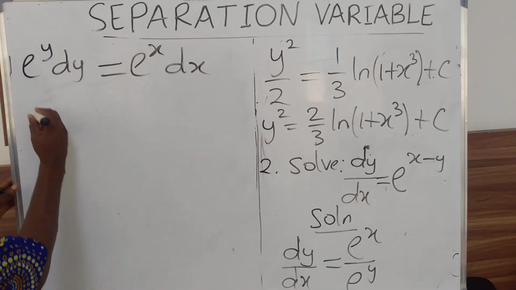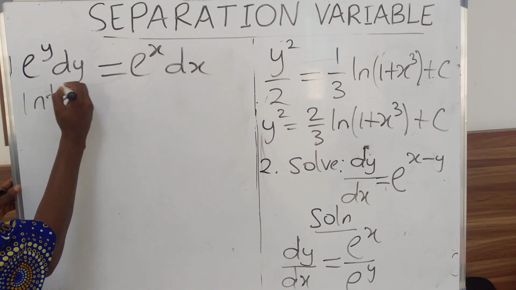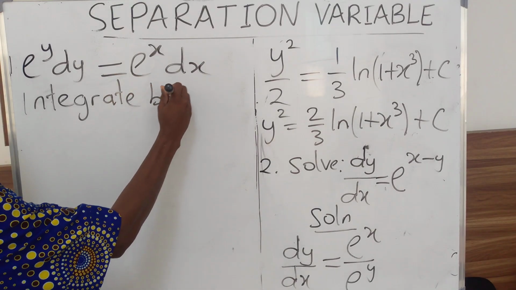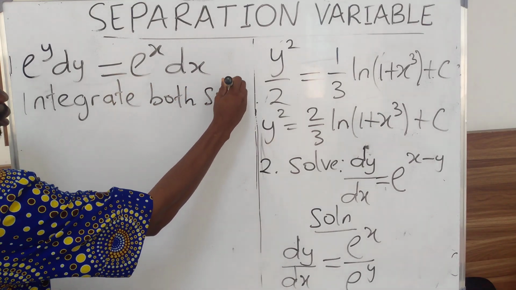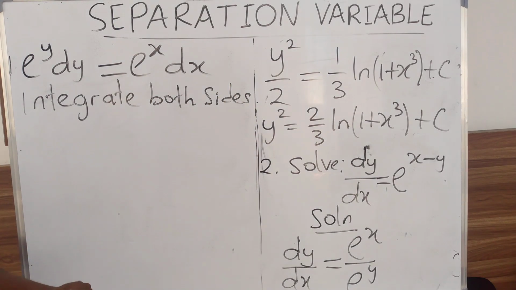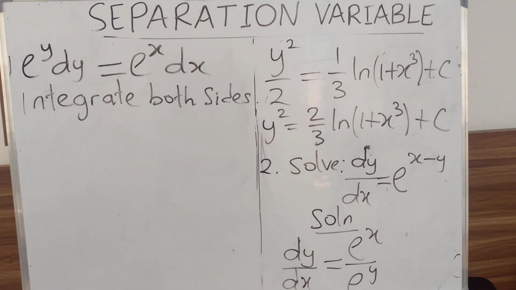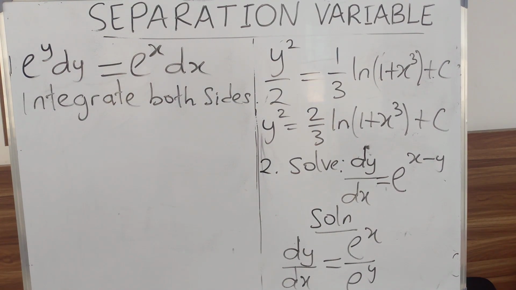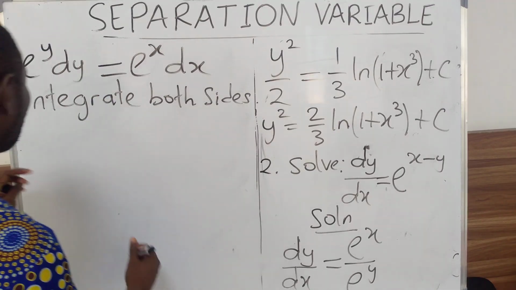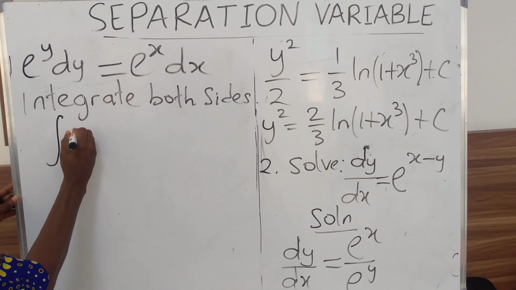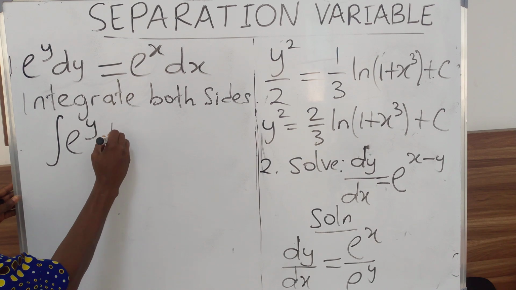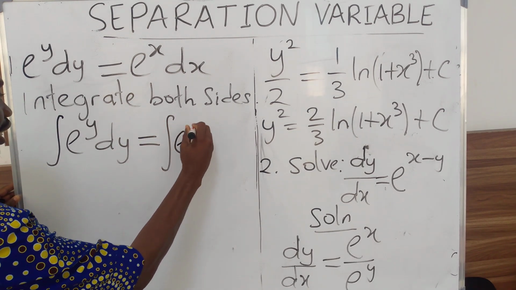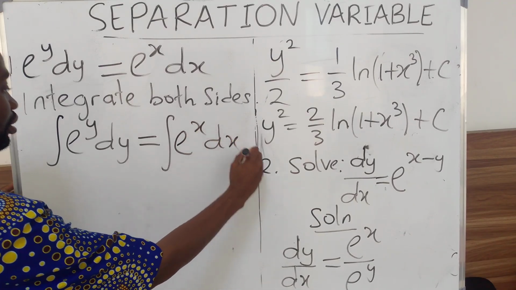The next step is to integrate both sides. So I'm going to have the integration of e^y dy equal to the integration of e^x dx.